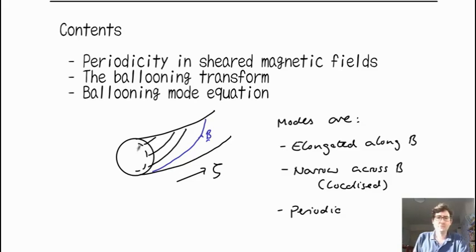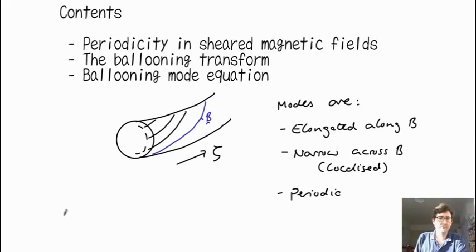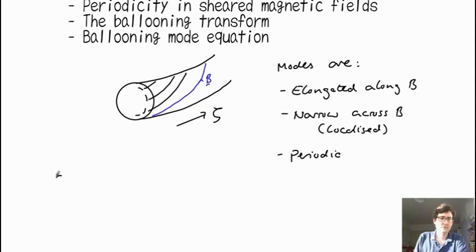So if we're looking for a function phi, so I'm going to call phi this field which derived in the last video. It's essentially the electrostatic potential or the perturbation, and this should be some function of the flux surface psi, the poloidal angle theta. So here, if this is theta here, and then psi is the radial coordinate.